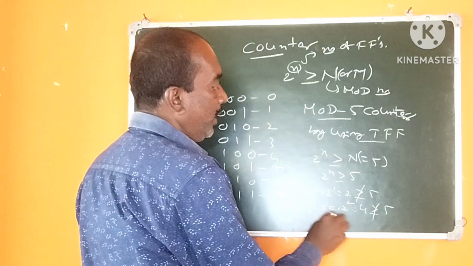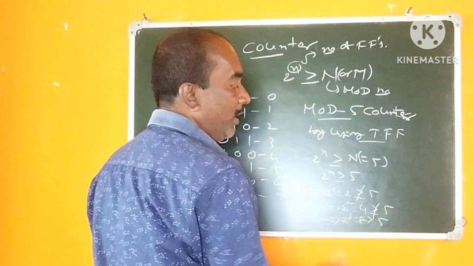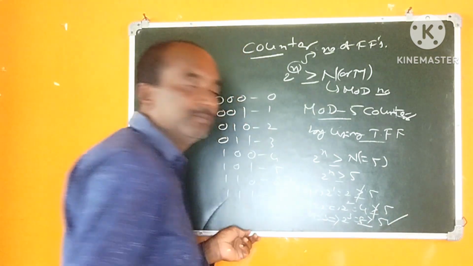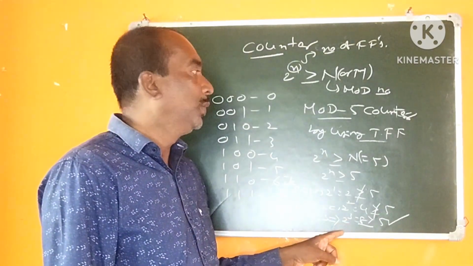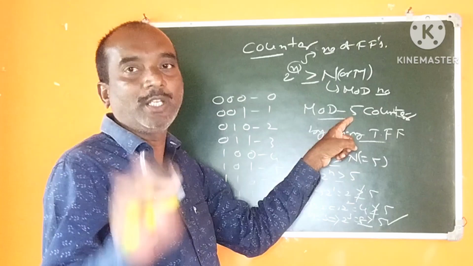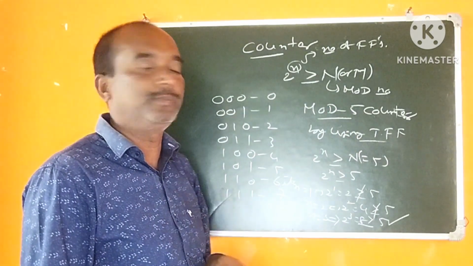For n equal to 3, 2 cubed is 8, which is more than 5. Therefore, it is valid. So the number of flip-flops required to design the mode 5 counter is 3. Three flip-flops are required to design the mode 5 counter.